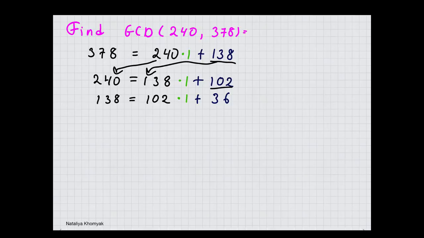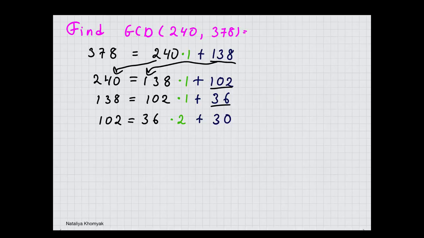Since the remainder is not 0, we do the algorithm yet again. So we copy the equal sign, drop the previous number, we move 102 across the equal sign, and we reuse the remainder, which was 36. 36 goes into 102 2 whole times, plus 102 minus 36 times 2, we get the remainder of 30.